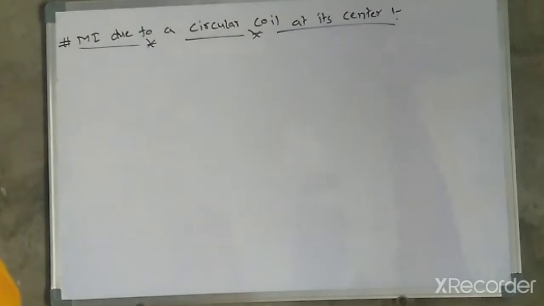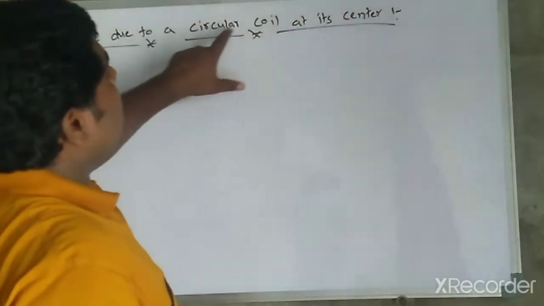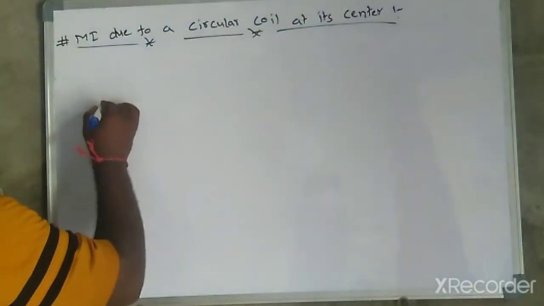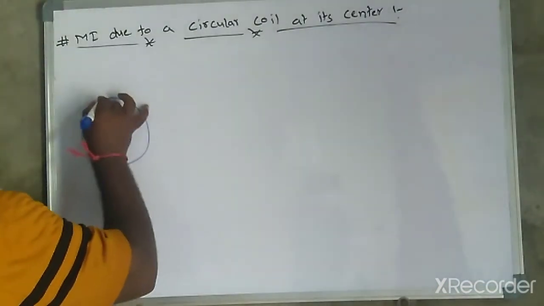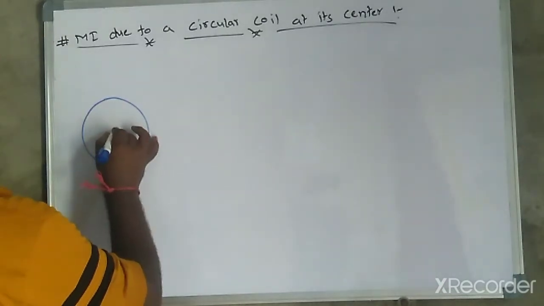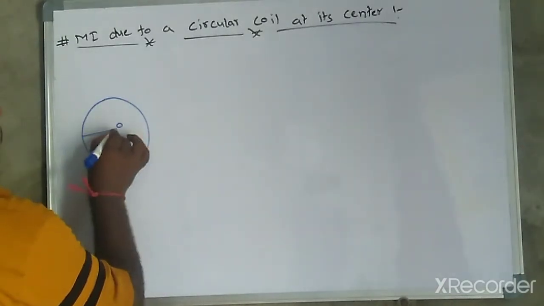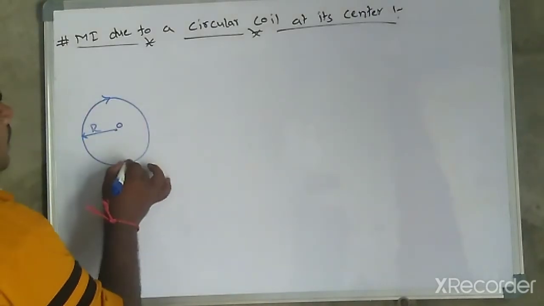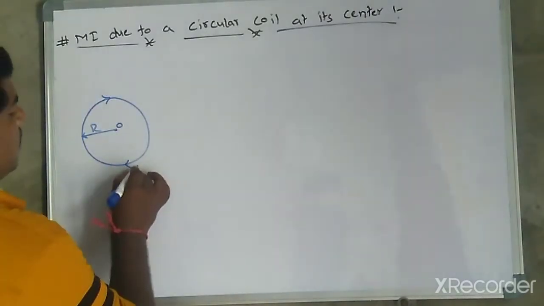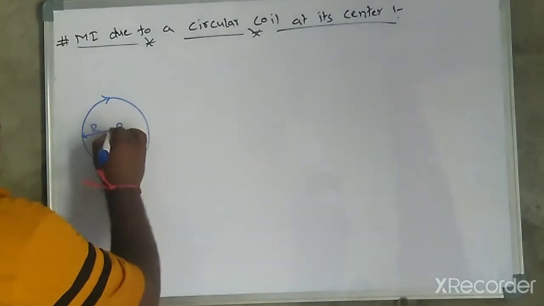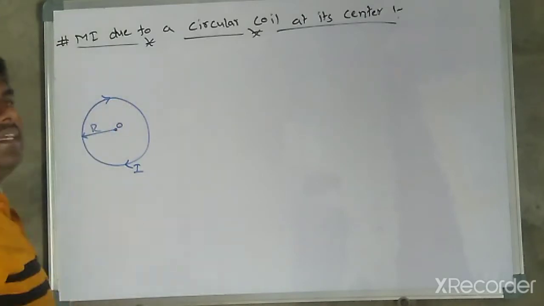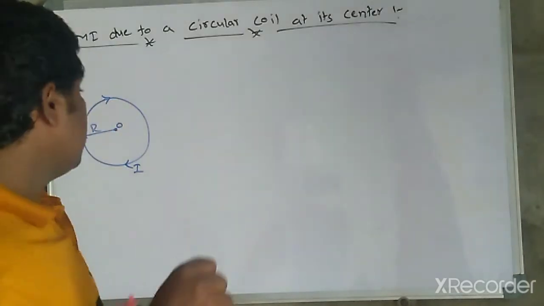Another application: magnetic induction due to a circular coil at its center. Let us consider one circular coil. Here the center is O, and this radius I would like to consider as capital R. Here the current direction I would like to take as clockwise. Whenever the current moves clockwise, the magnetic field is into the board.